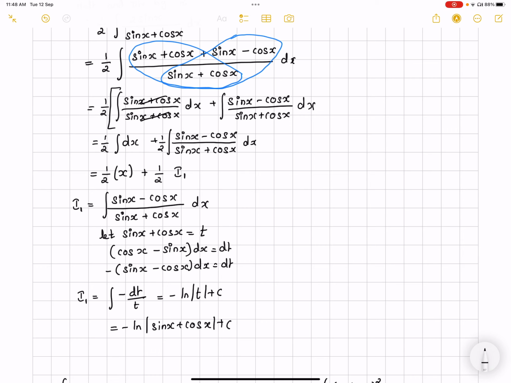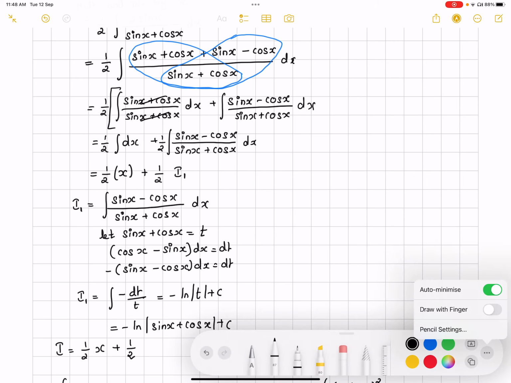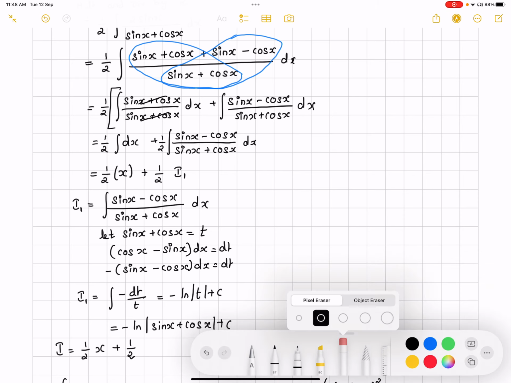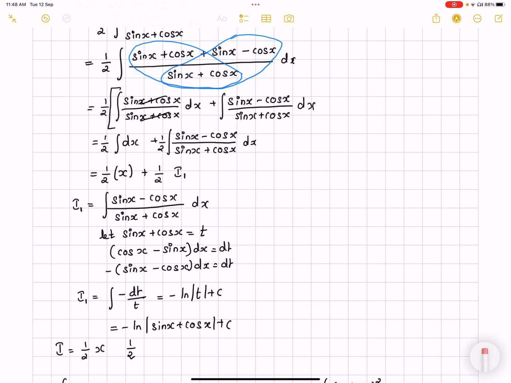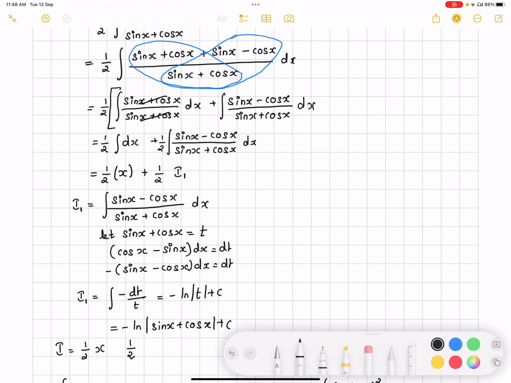Now this one we would be replacing in our I. Now I is equal to half x plus half of minus is there. So what I will do, I will change it to a negative sign.